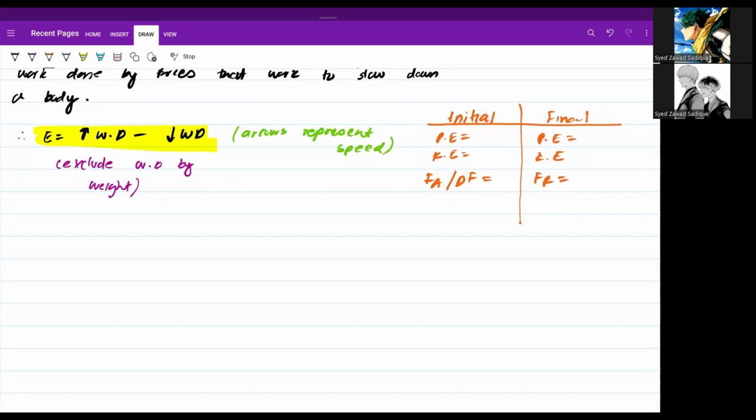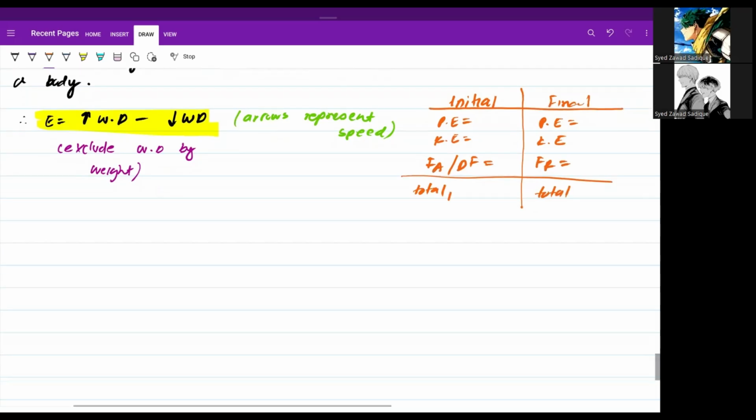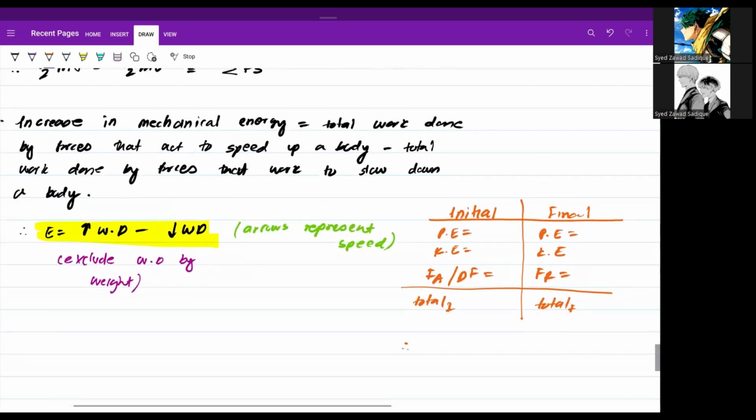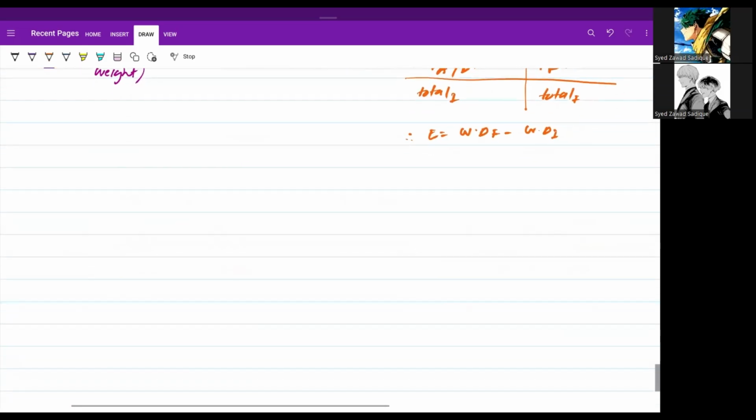Now, after you have this, you're going to get the total initial and total final. Sometimes instead of doing this, what I prefer is, therefore, E is equal to work done final minus work done initial. Okay, that's that.